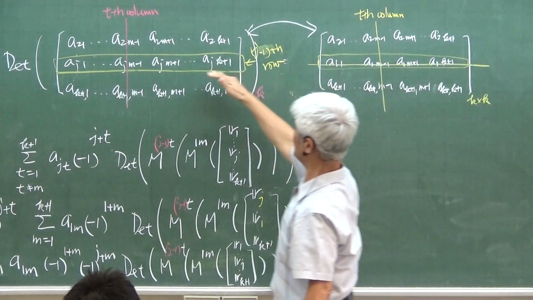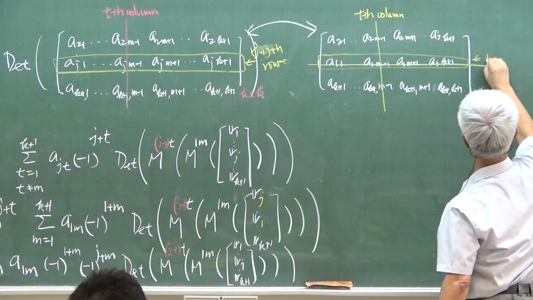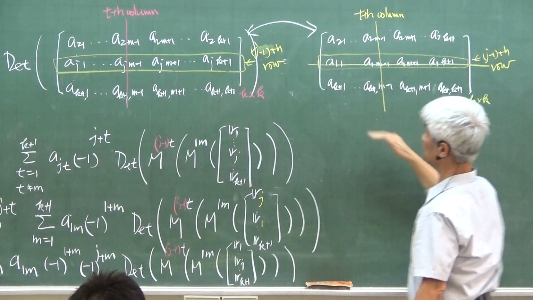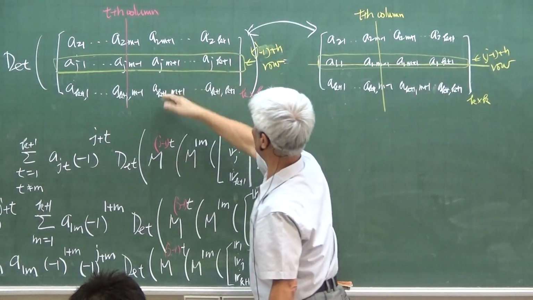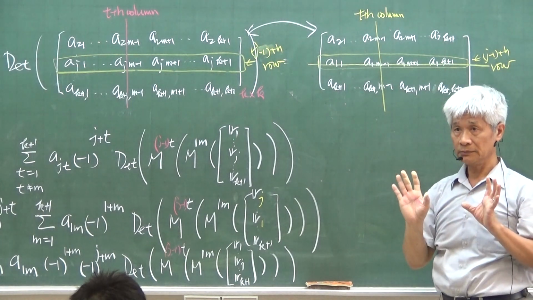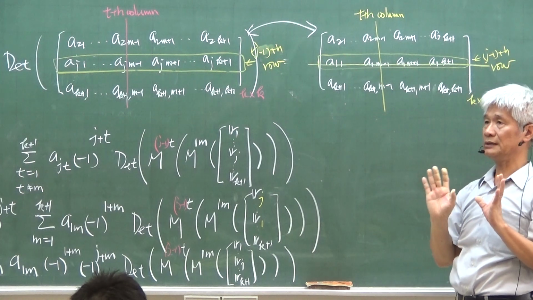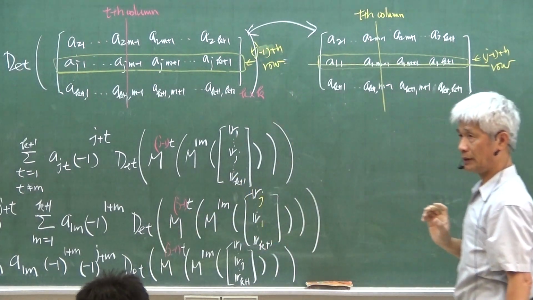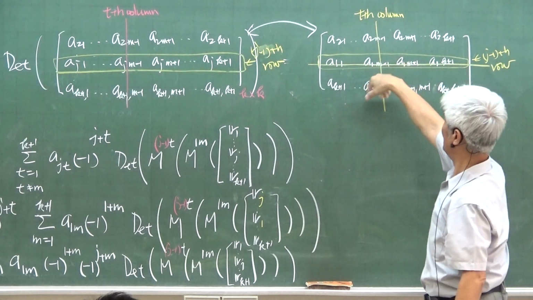And if we remove the j minus 1 row, so here is the j minus 1 row, and this column, you will see that these two k minus 1 times k minus 1 matrices are the same. Right? So they are the same, so they will have the same determinant. Okay. So that is the idea.